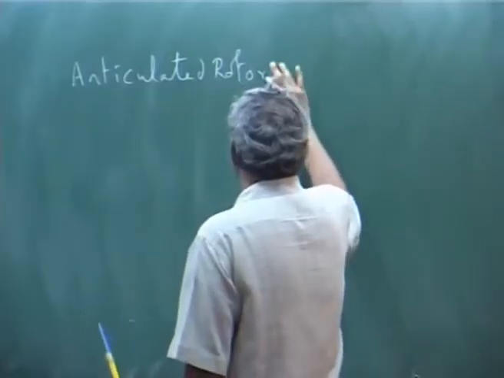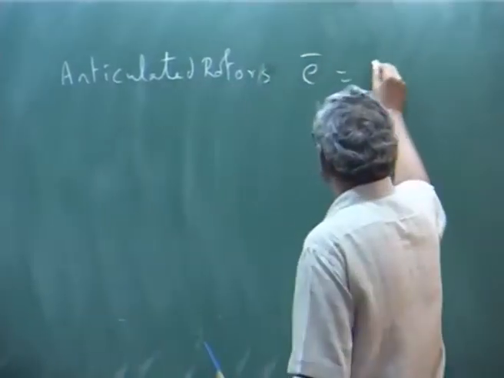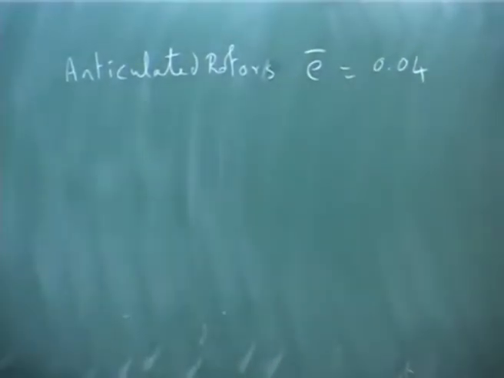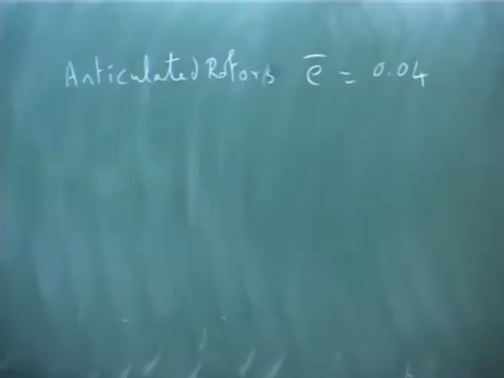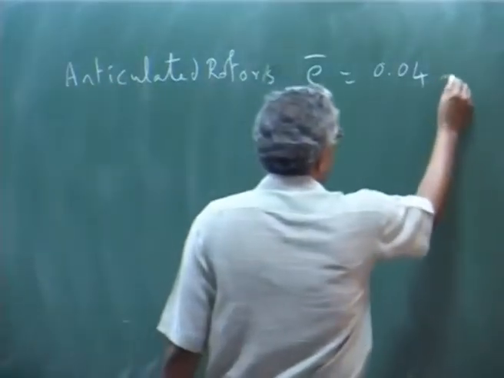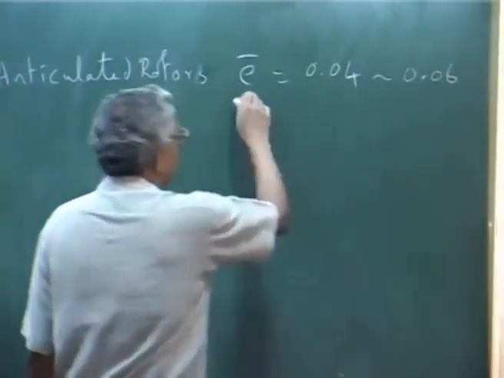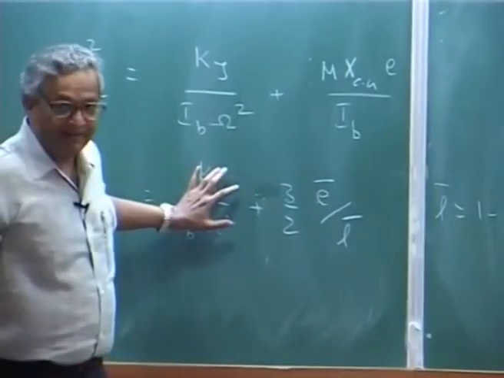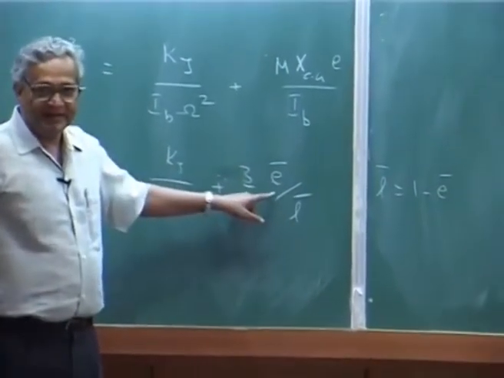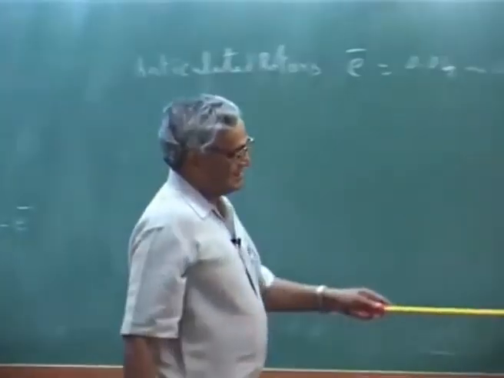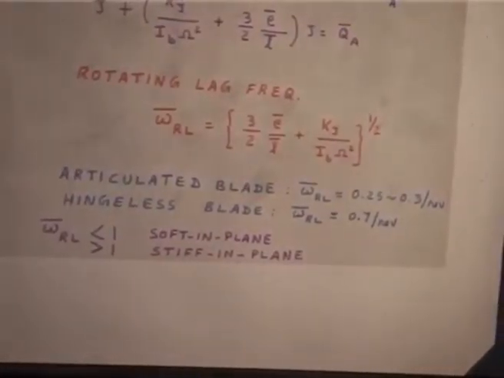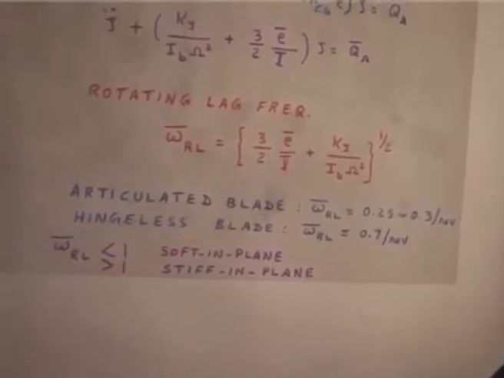You can have that E bar is of the order of 0.04, something like that, around that range. So if you have this much, only this term will not be there, because there is no spring. So only this term, and your frequency will be 0.25 in the operating non-dimensional, like flap is 1.09, this is 0.25 to 0.3.